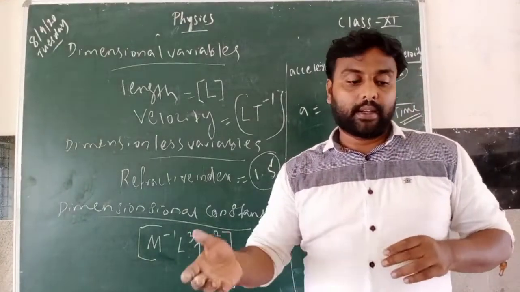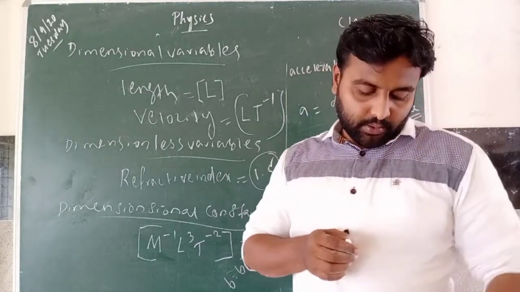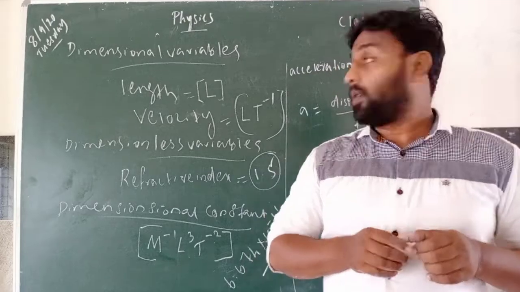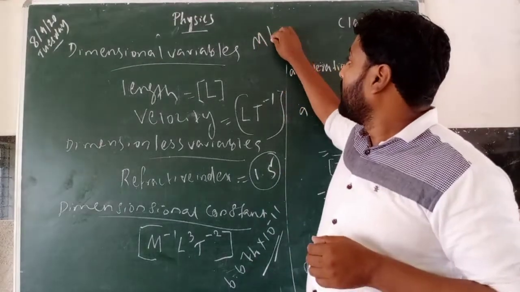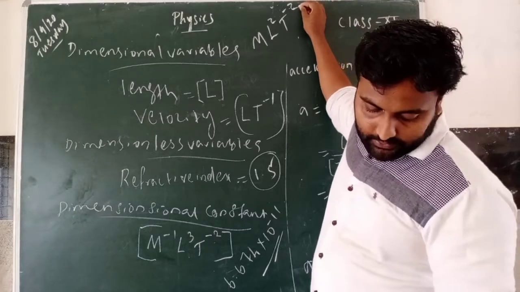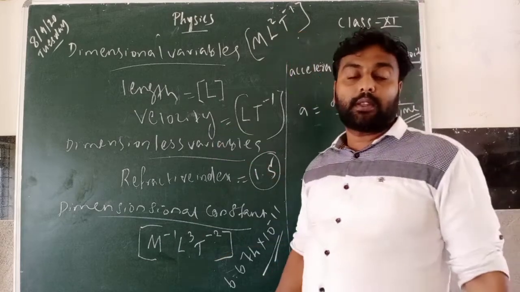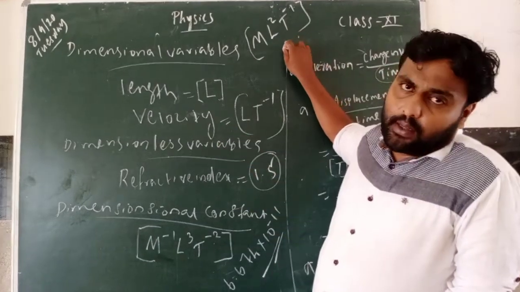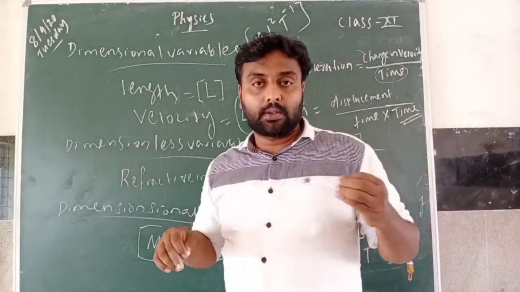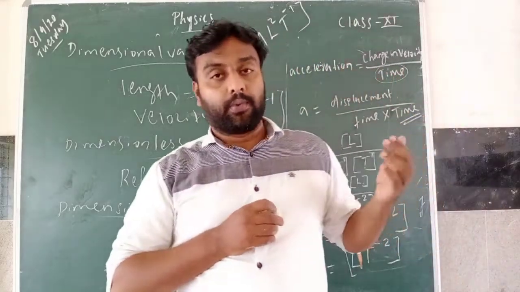Another example, Planck's constant. Planck's constant also has dimension M L square T power minus 1. This is the dimension used for Planck's constant, and the constant value is there for Planck's constant also, 6.63 into 10 to the power minus 34.